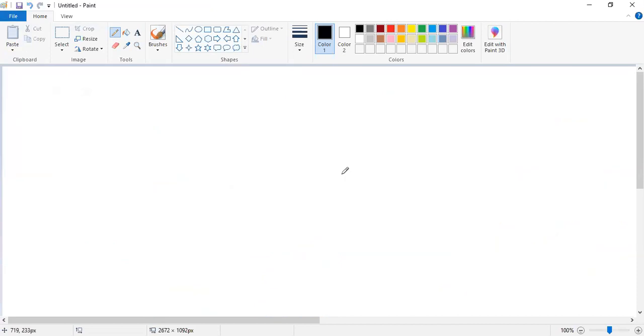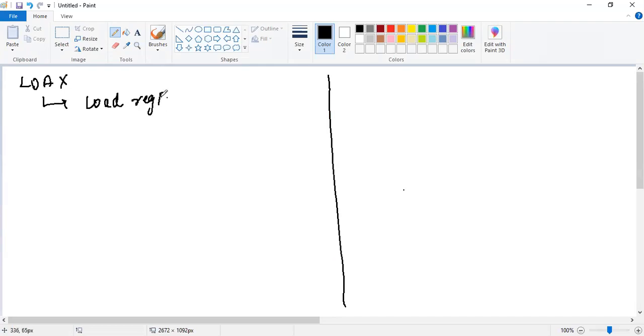So there is something which is called LDAX. This means to load your register accumulator.